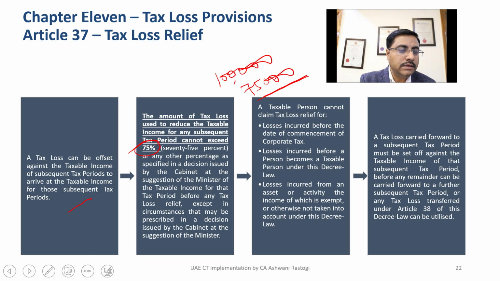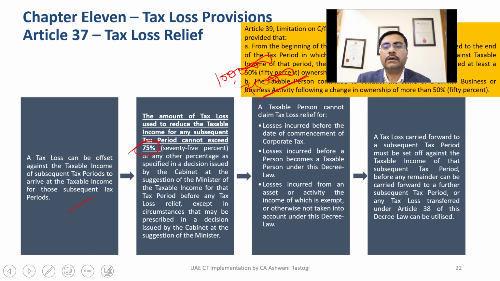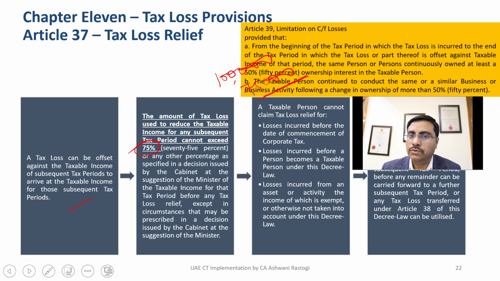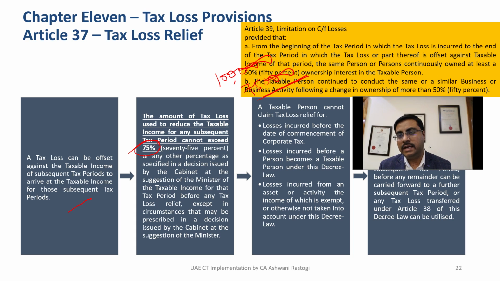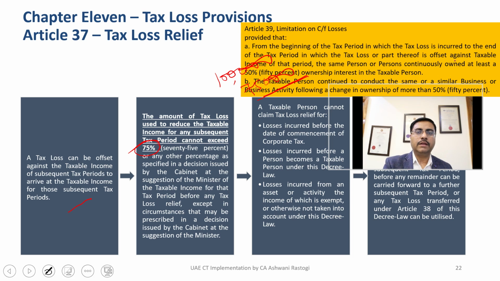Another condition is the limitation on carry forward of losses. There should not be a change in ownership of more than 50%. If your ownership changes by more than 50%, your losses cannot be carried forward. Change in ownership is also covered in Article 39.